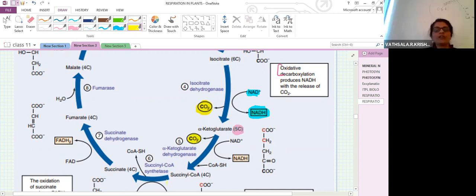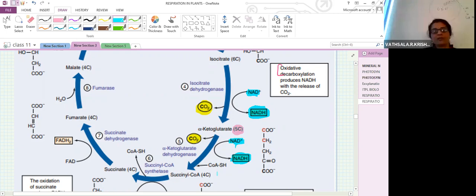So alpha ketoglutaric dehydrogenase, and whenever carbon dioxide is lost, you can see the pattern: dehydrogenase is happening. This is an oxidative dehydrogenase where NAD is converted to NADH, that is the energy precursor. Reduction of NAD is an energy precursor.